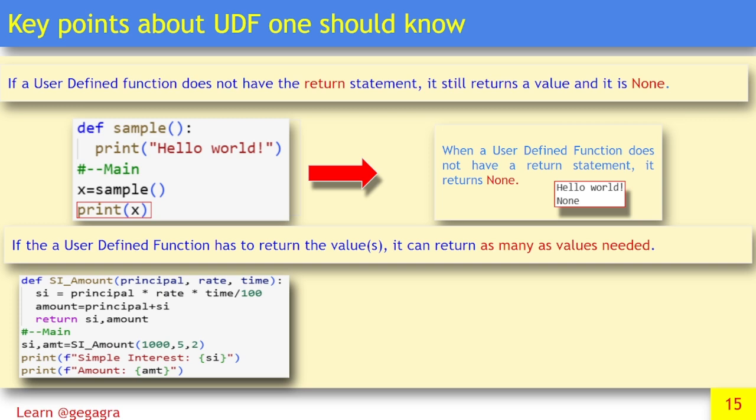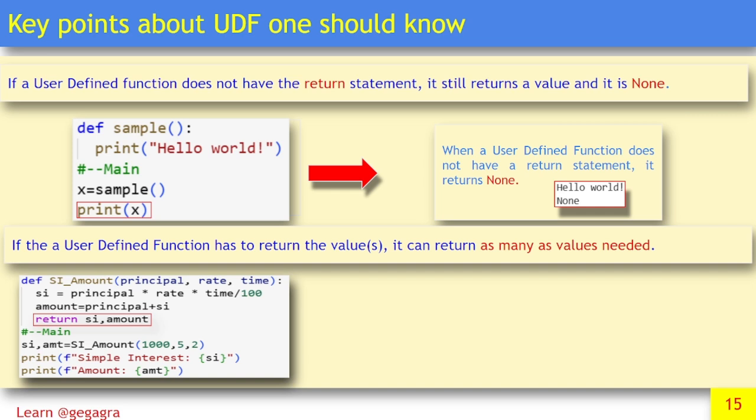So I want to return two values. It means a function in Python can return multiple values in one go. If you look at the statement return simple interest, amount, here I am returning two values from the user defined function, and here also simple interest comma amount are two identifiers I have assigned the function si amount with.